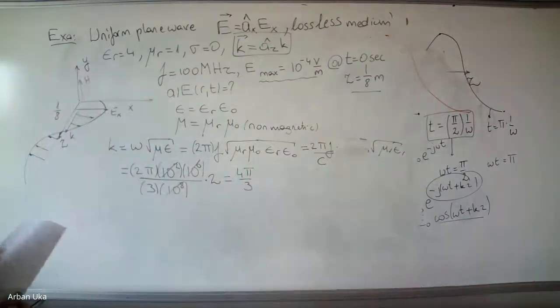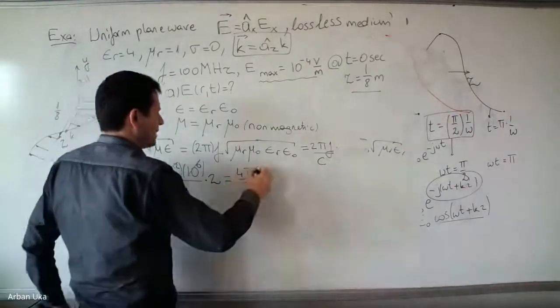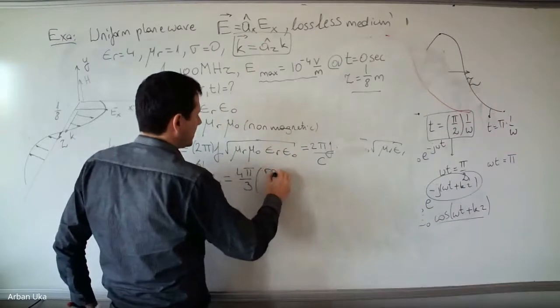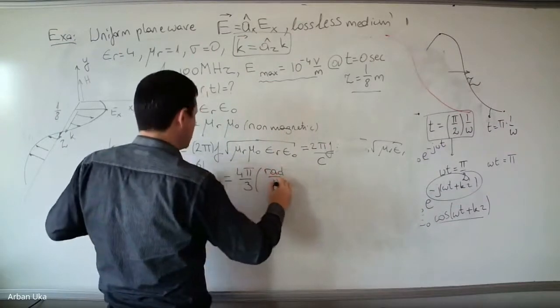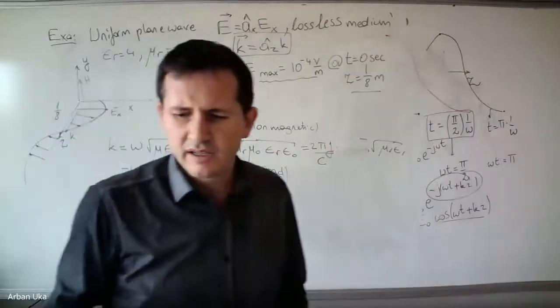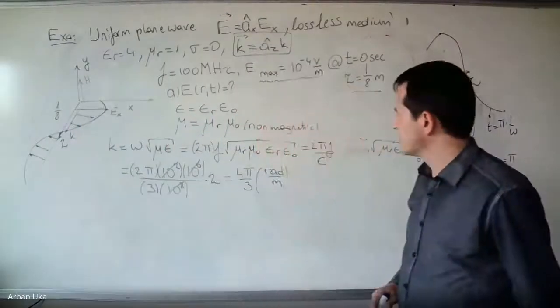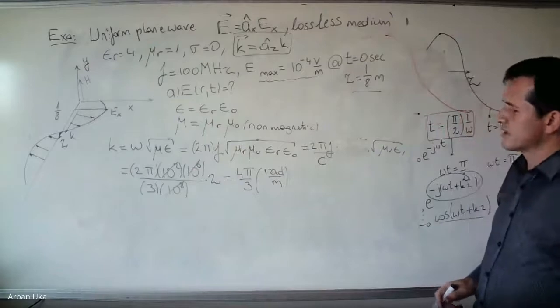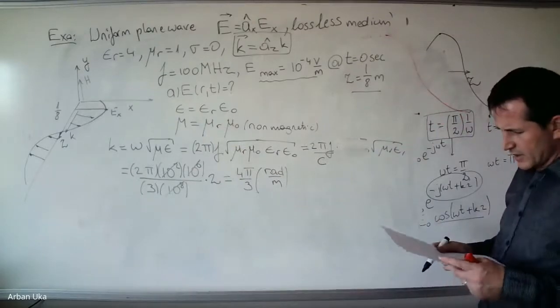So we found the K, which means that this is 4 pi over 3 with a unit of radian per meter. So each meter, the phase of the wave changes by 4 pi over 3. 4 pi over 3, this is the K.